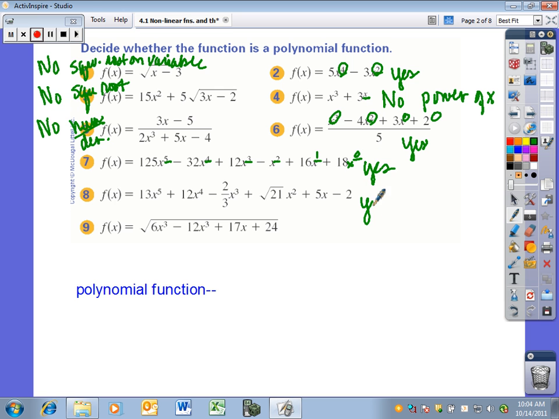Eight, yes. Powers are 5, 4, 3, 2, 1, 0. 9, no. Again, a square root on the variable.